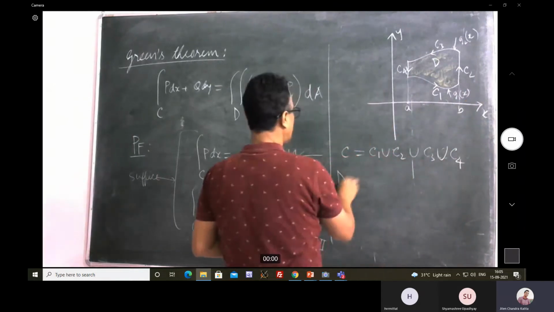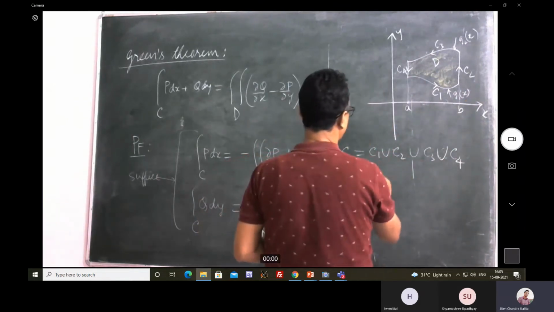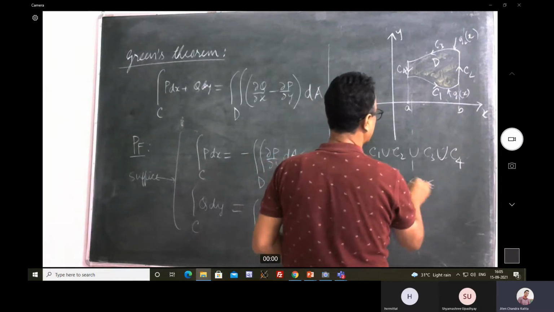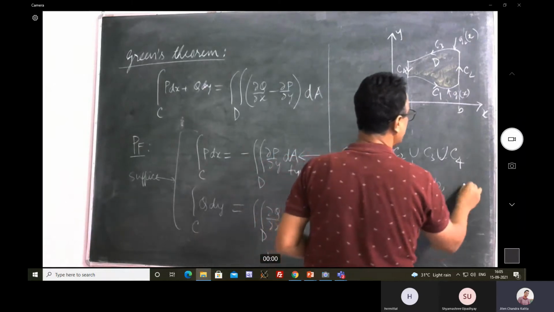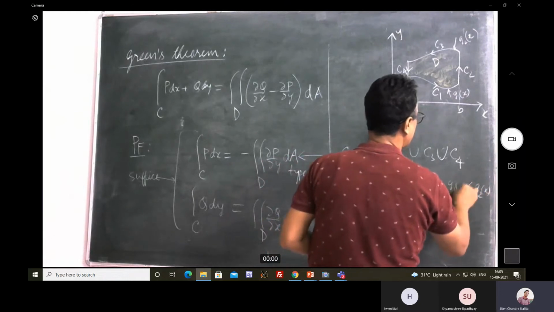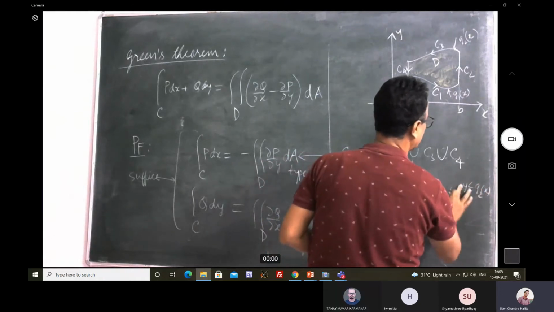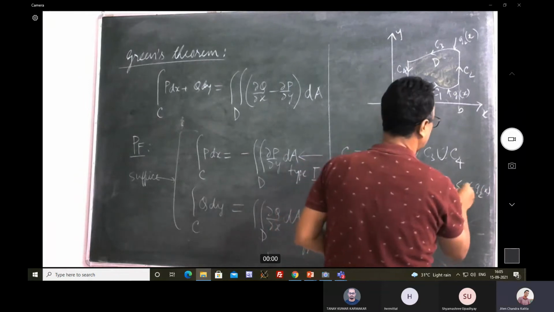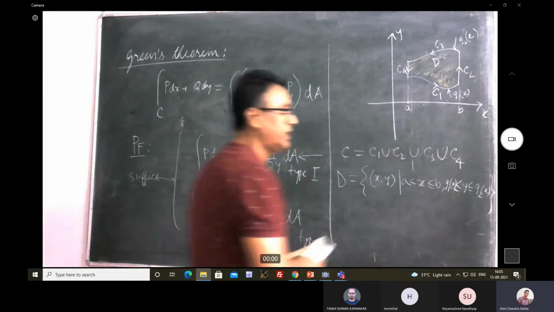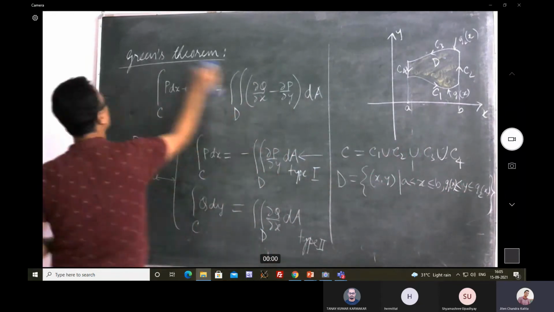So basically, D is the region given by (x, y) such that x lies between a and b and y lies between G1(x) and G2(x). Okay, so how to go about it?